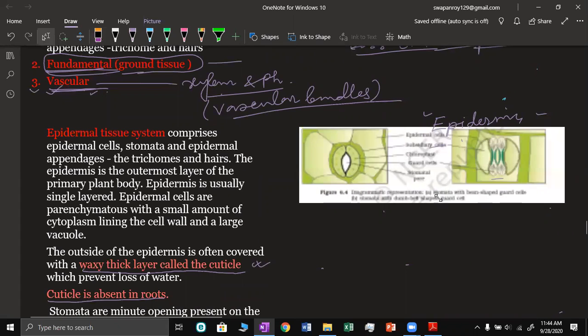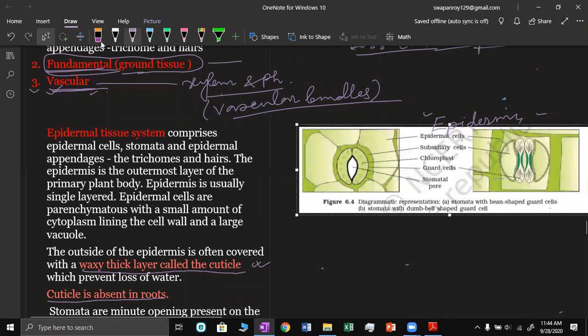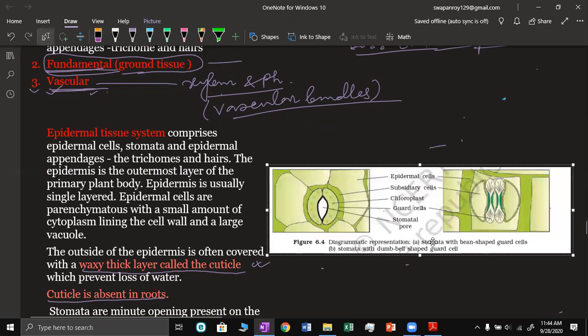Here we have a diagram of the stomata. As we have learned, stomata are actually small openings, and this opening is known as the stomatal pore.